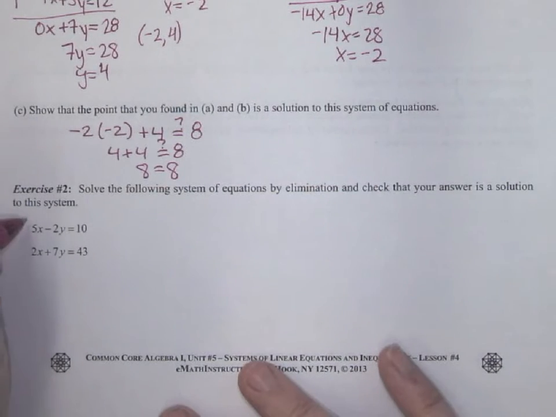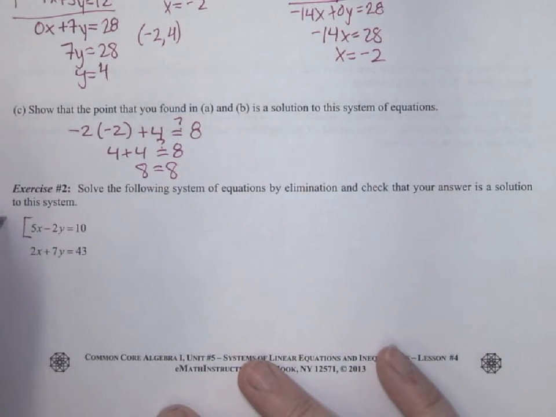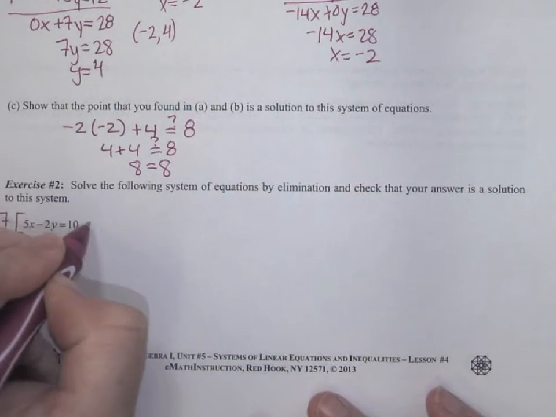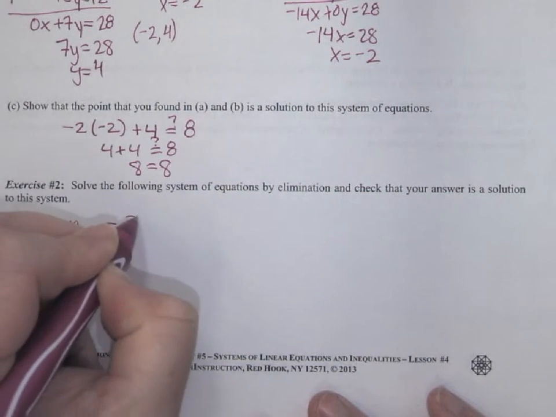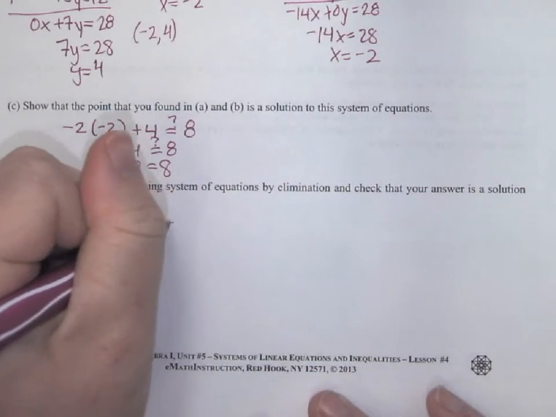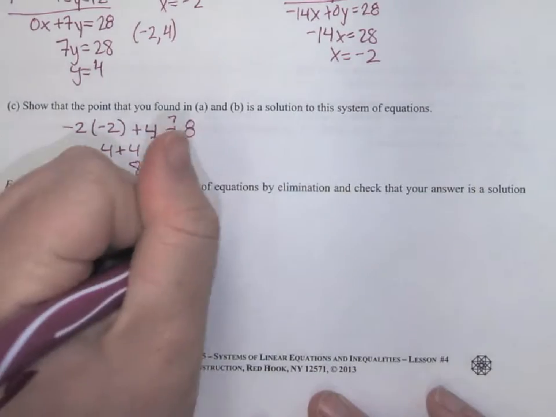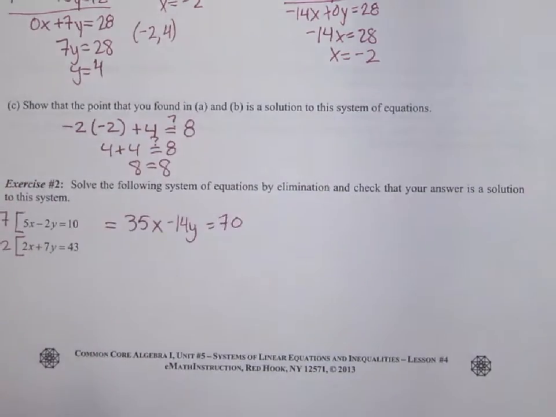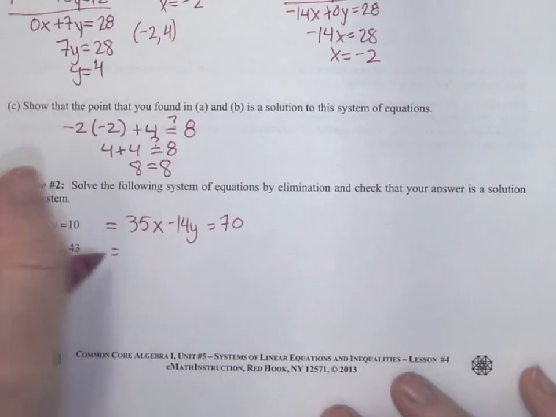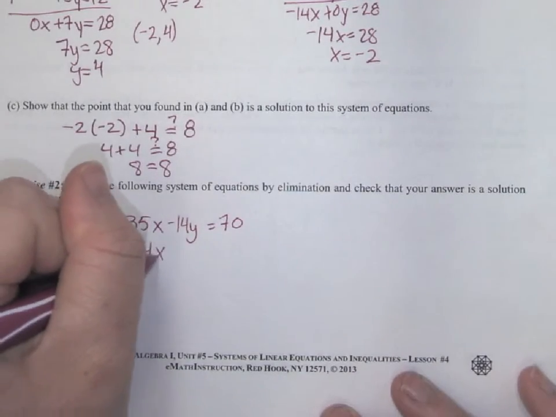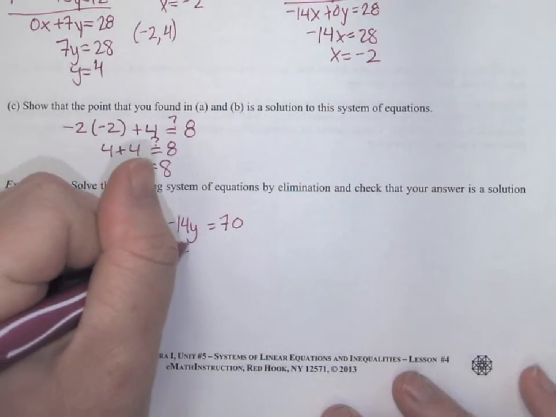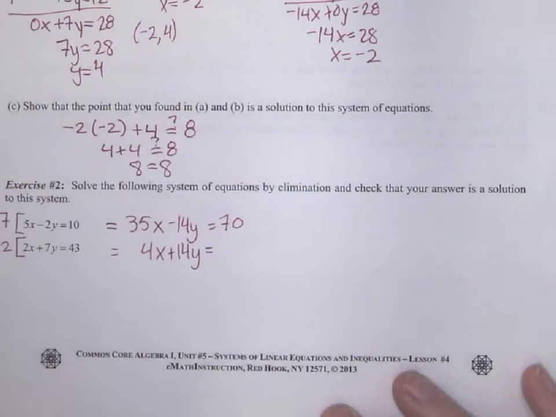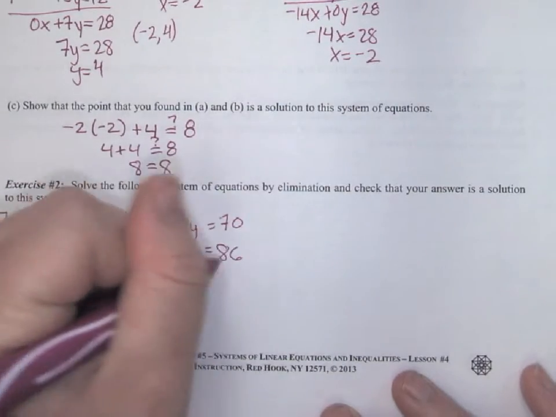So I'm going to multiply my top equation by 7 and the bottom equation by 2. So this one will become 35x minus 14y equals 70. And my second equation becomes 4x plus 14y equals 86.